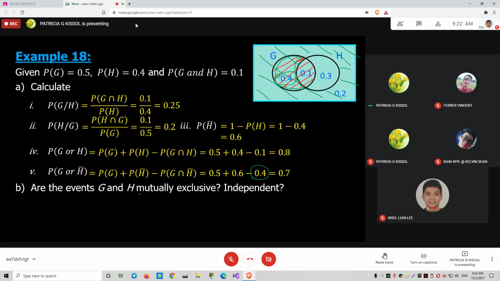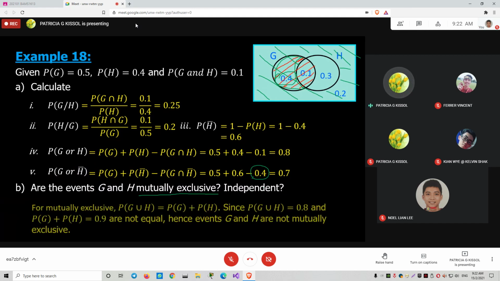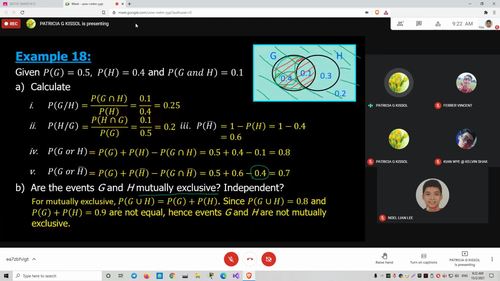And are the events G and H mutually exclusive? Especially for questions asking about mutually exclusive and independent, to answer this we need to use this formula: the probability of G union H, or you can also say probability of G or H, is equal to the probability of G plus the probability of H. This is the formula we use to show that they are mutually exclusive, so they must be equal.